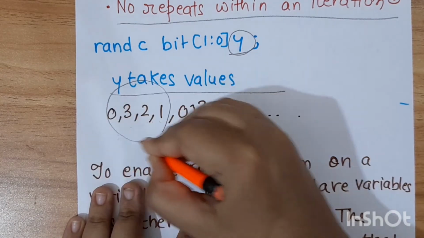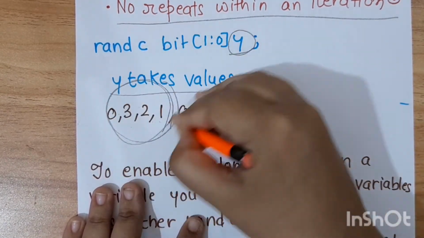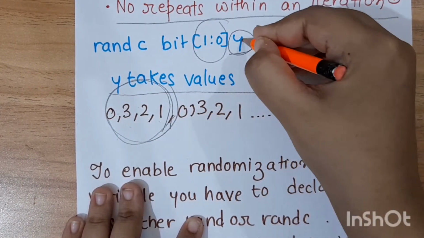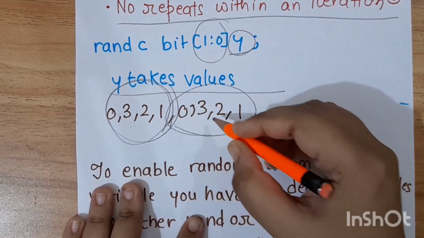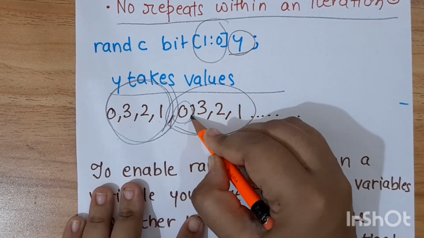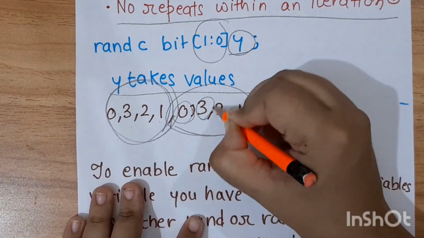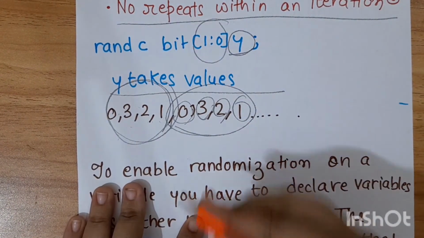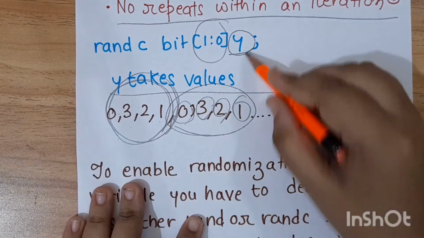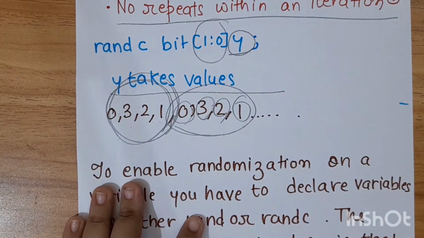But only after this 0, 3, 2, 1, when all the possible values of y are covered, then only I can have the 0 value again, or I can have the 3 value, 2 value, 1 value again. That is, all the values of y, 0 to 3, are covered cyclically. You need not have them in the order of 0, 1, 2, 3 only. But the thing is that the same value is not repeated in the iteration.